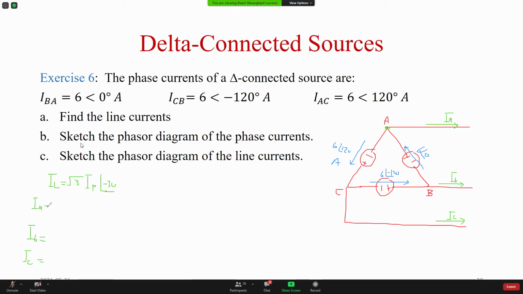So I'm going to take the 6 multiplied by square root of 3, multiplied by the magnitude, which is 6. And the angle, which is 0, I'm going to subtract 30 from it. So this gives me 10.39 angle minus 30 ampere.